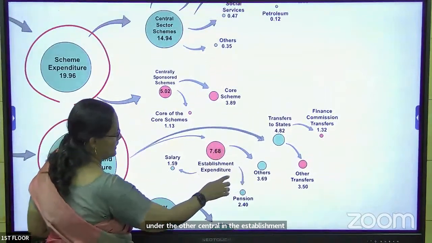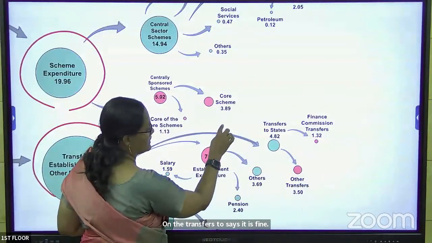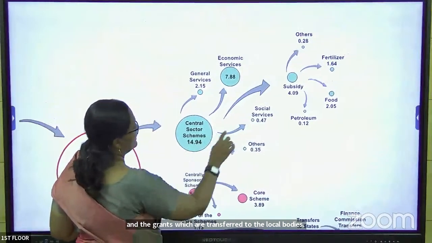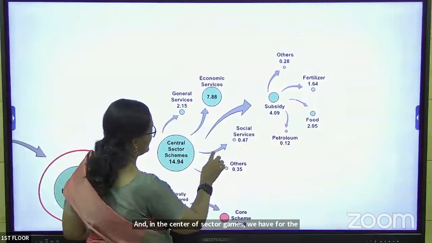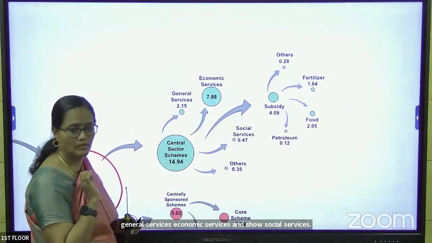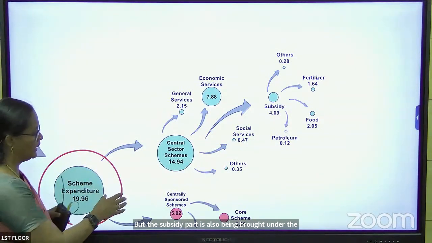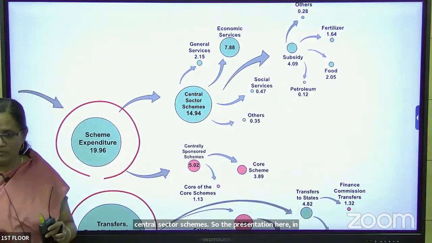And transfers to states, it is fine. Finance commissions and the grants which are transferred to the local bodies. And in the central sector schemes, we have general services, economic services, and social services. But the subsidy part is also being brought under the central sector schemes. So the presentation here in the final graph is a bit different from what we actually study.